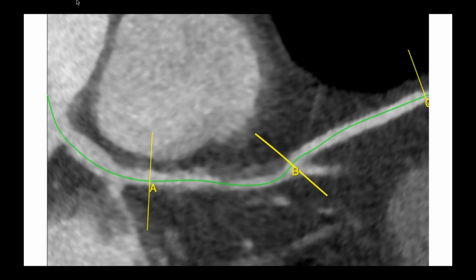And it's amazing. SCAD occurs, the overwhelming majority are women, usually younger than those that present with typical coronary artery disease, STEMI. And usually the remainder of the coronary arteries are normal, although a SCAD can occur in multiple vessel locations.